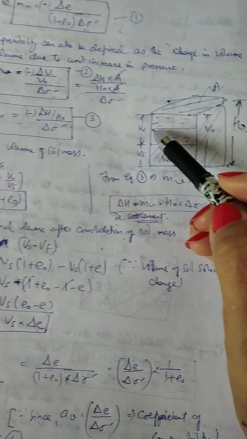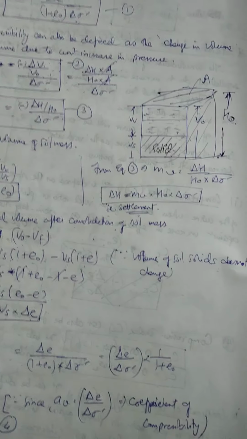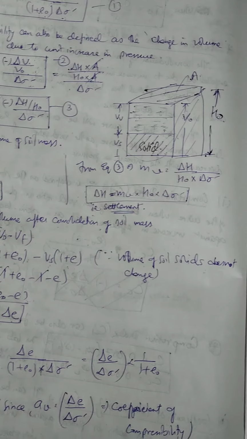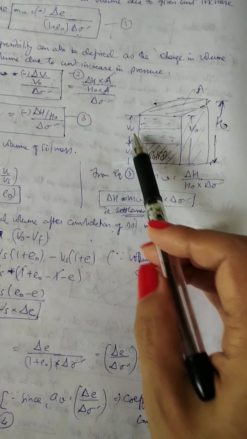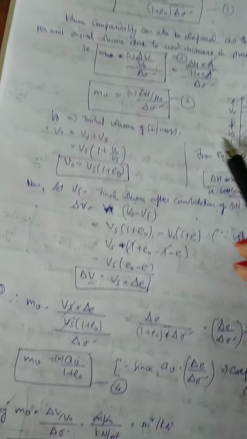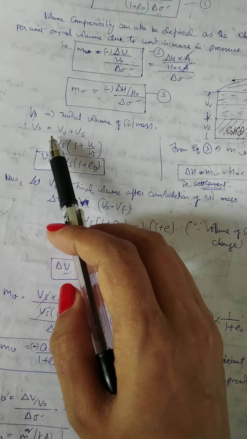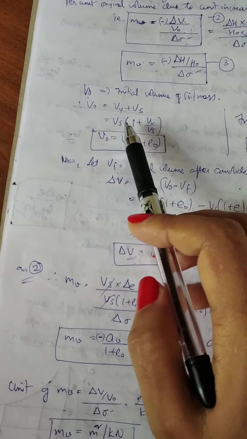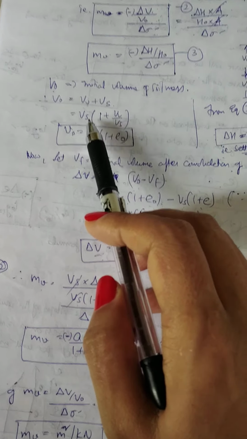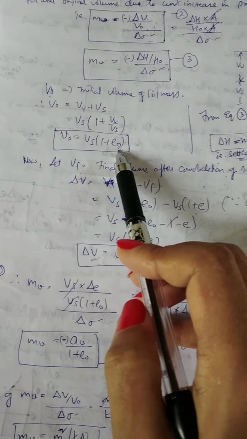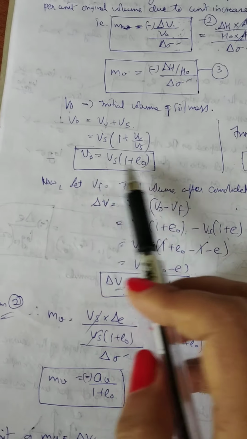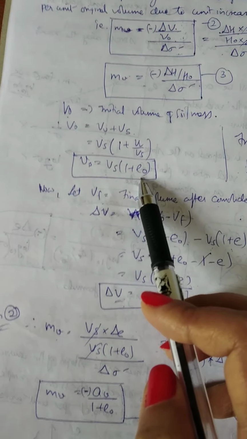So total V is equal to VS plus VV. If you take VS common, it becomes VS into 1 plus VV upon VS, and we know that is your void ratio e. Since we are considering the initial volume, that will be the initial void ratio, right?